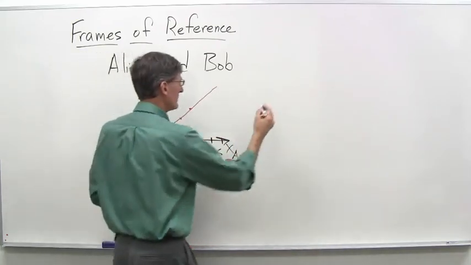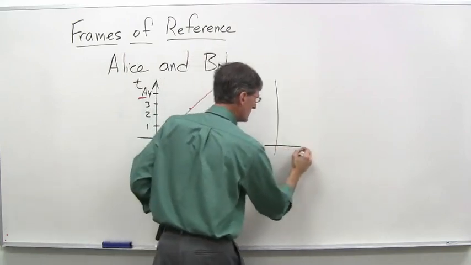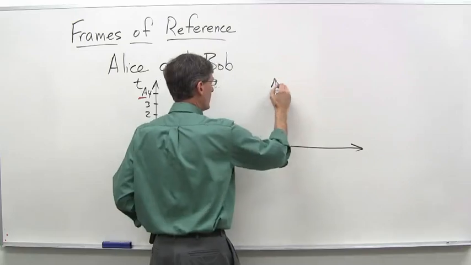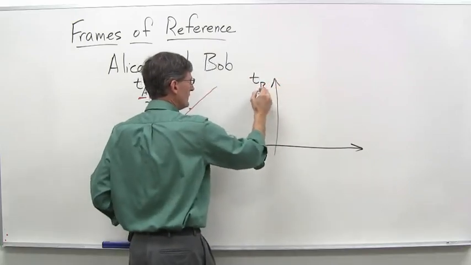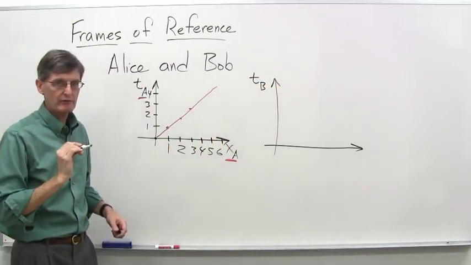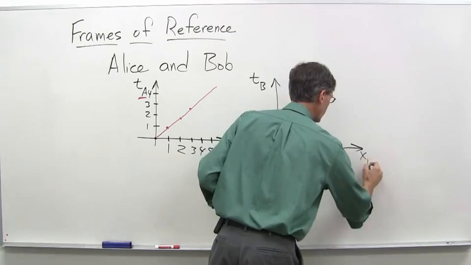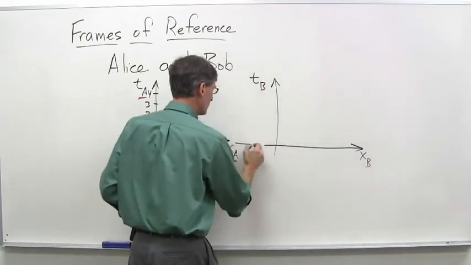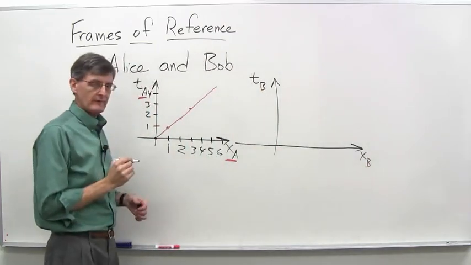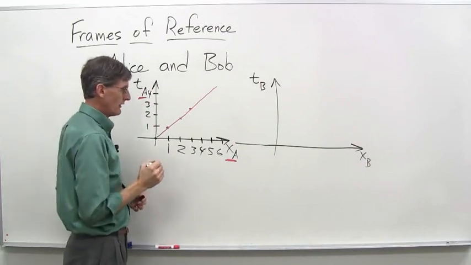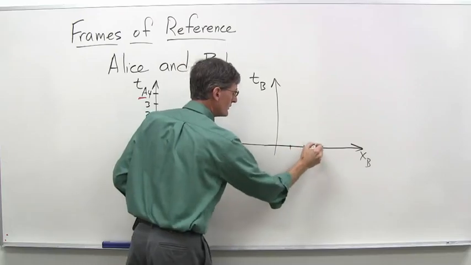Well, let's draw another one over here. And we'll label this T sub B, because this is Bob's perspective, Bob's frame of reference. And this is X sub B. And actually, in this case, we need some negative values here, but we'll put these in.